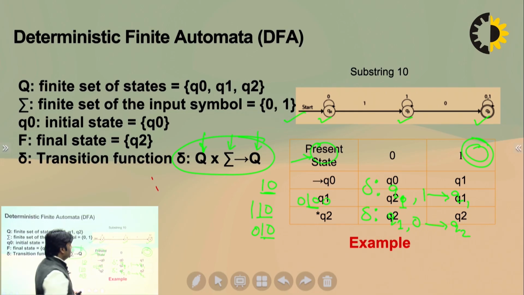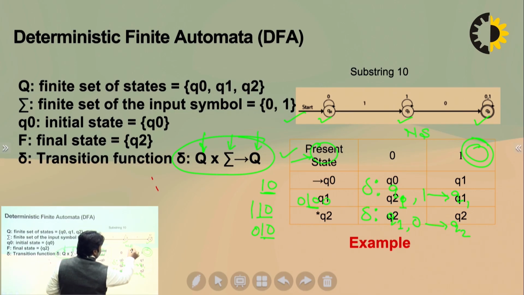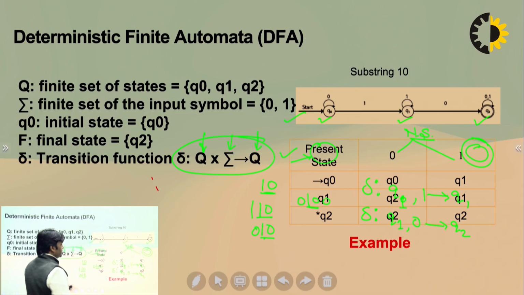This is called the transition diagram, and this is the transition table. In the transition table, we show the present state and the next state when the input is 0 and when the input symbol is 1. The current state is Q naught.